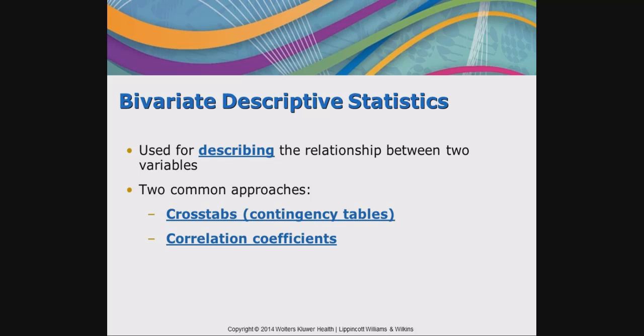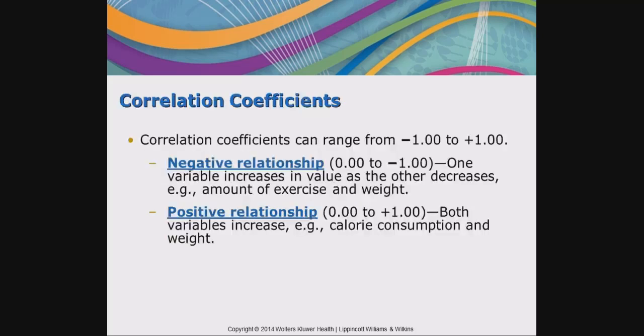And then there are those correlation coefficients. We've really already talked about that to a degree, because remember that small r we looked at? There are some specific procedures for looking at the relationship between two variables using correlation coefficients. Remember, correlation does not equal cause.